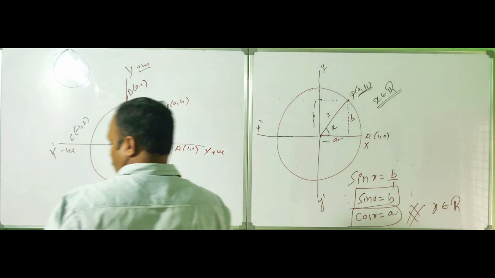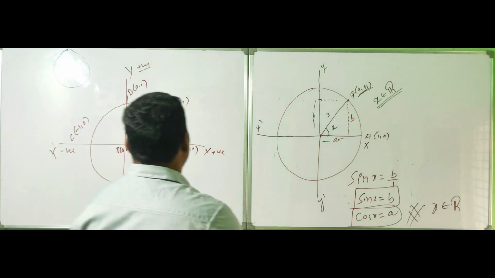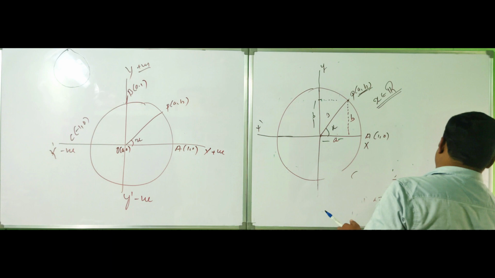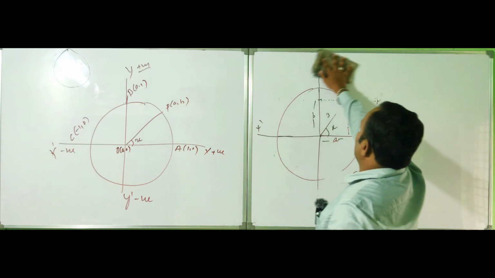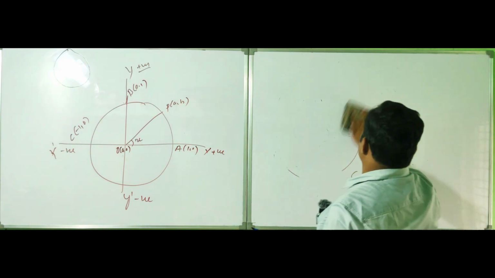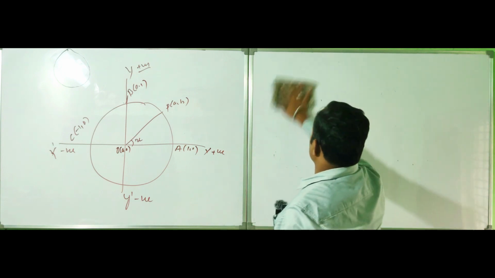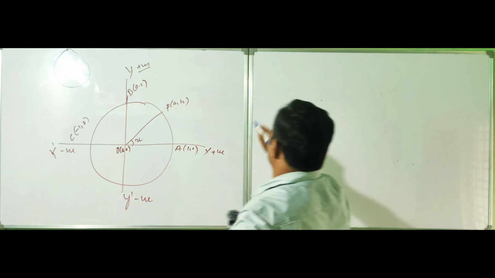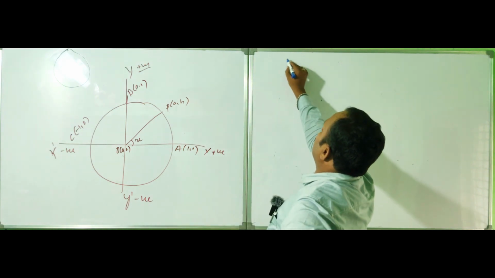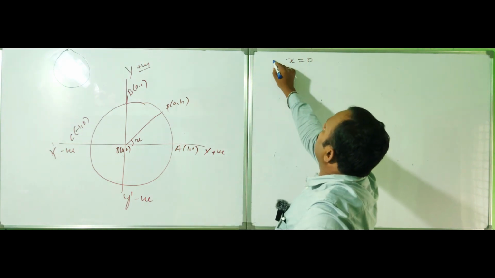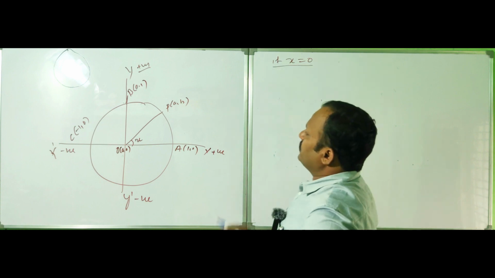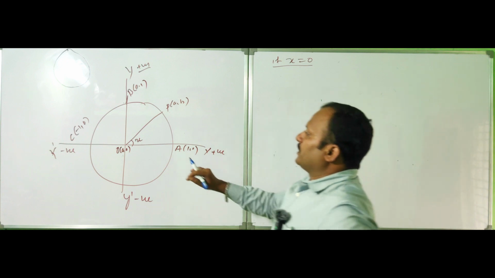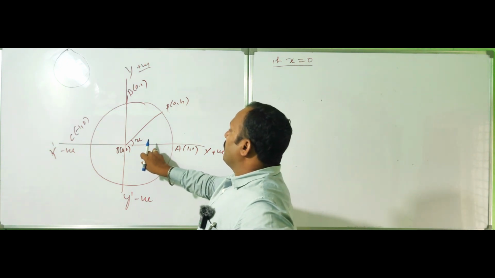Similarly, okay. Let's take the value of 0. The value of sin x and cos x at 0. Okay, sir, if x is equal to 0. For 0, here we do not have any values.